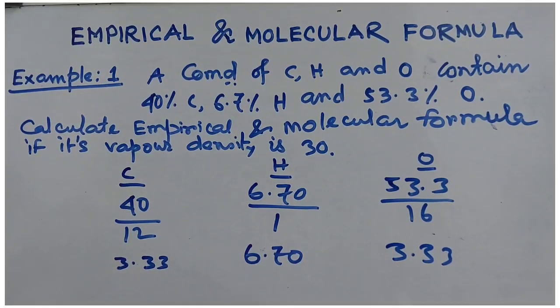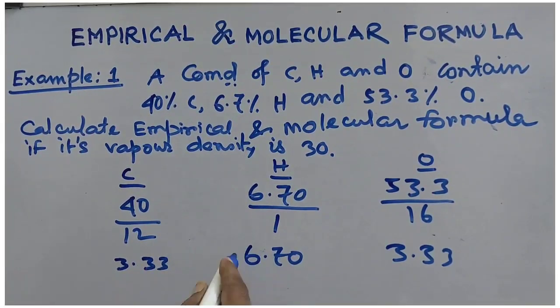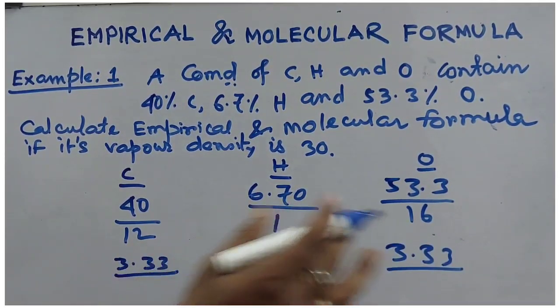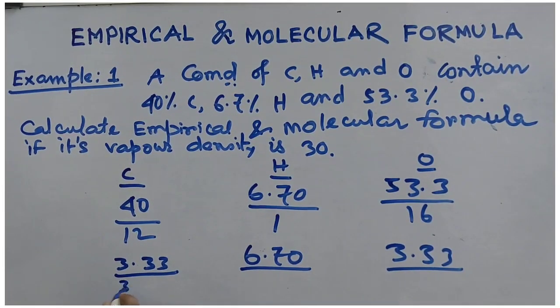Now the smallest number among these three numbers is 3.33, and we have to divide each number by the smallest number, that is 3.33 divided by 3.33, 6.70 by 3.33 and 3.33 by 3.33.